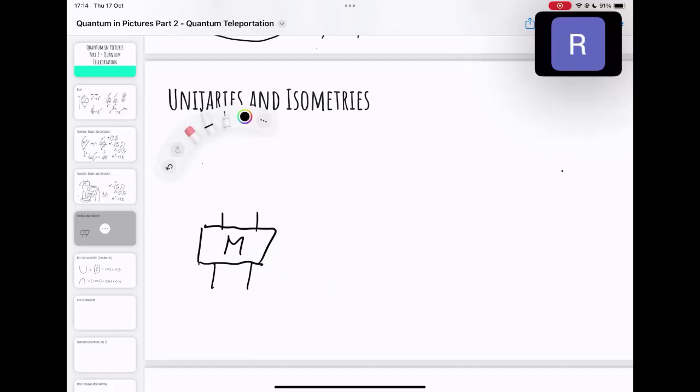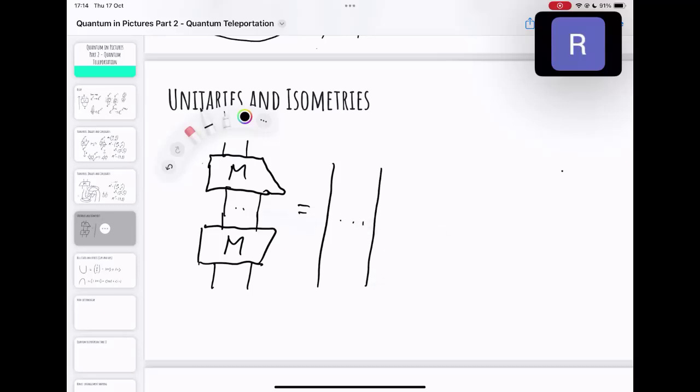If I have a linear map, and it happens to be the case that if I compose it with its dagger, they end up canceling out and I get the identity, then M is known to be an isometry.